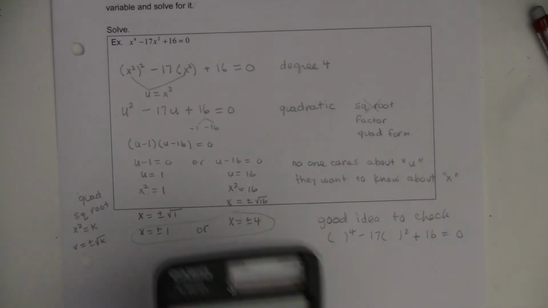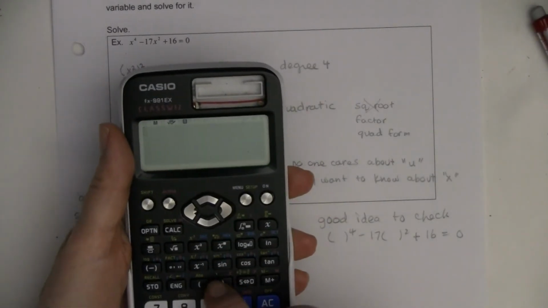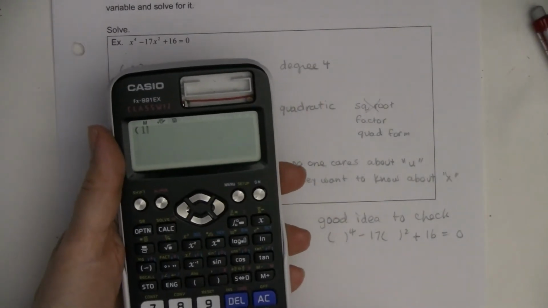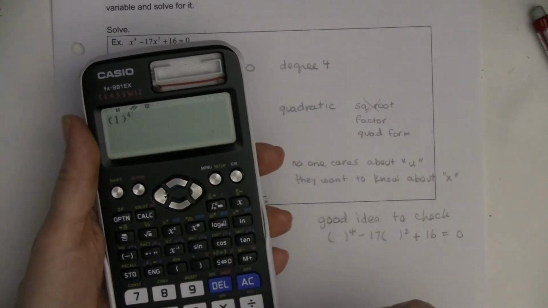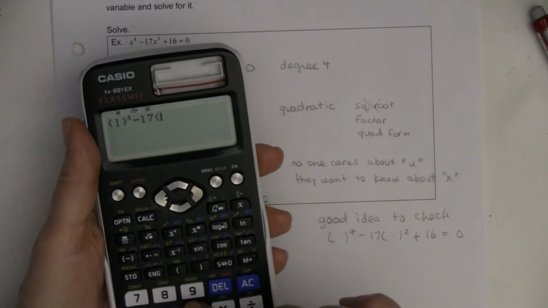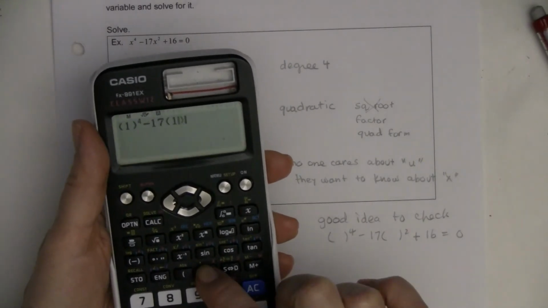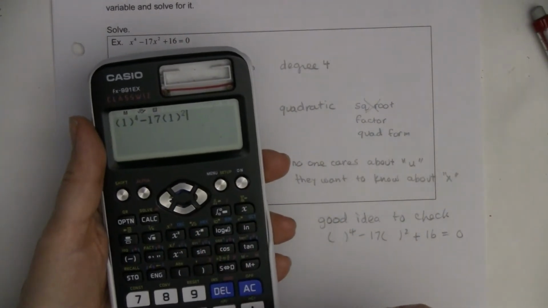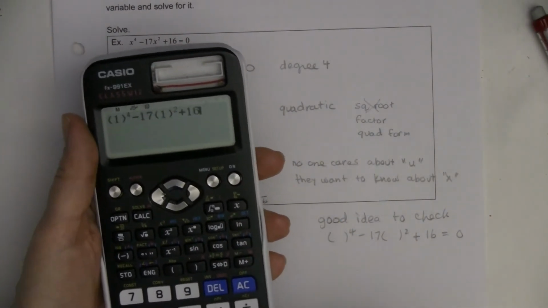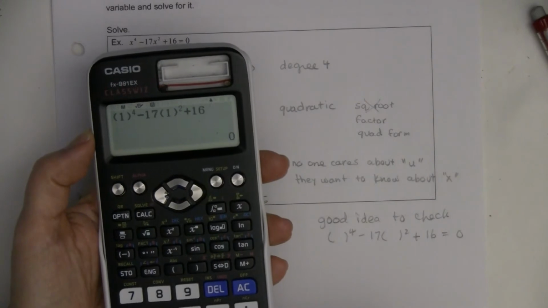So like, for example, I could check 1. So I'm going to have my parentheses here, 1, because that was one of my answers, raised to the 4th, minus 17 times 1, raised to the 2nd, plus 16. And I'm expecting that would be 0, and it is.